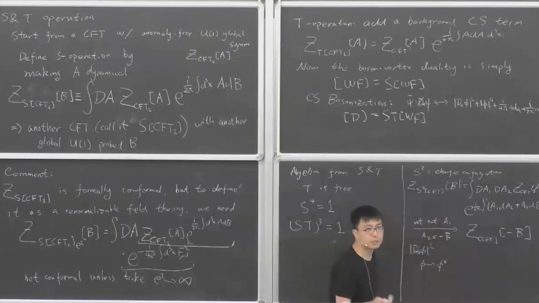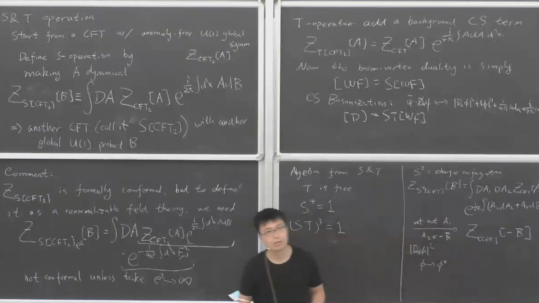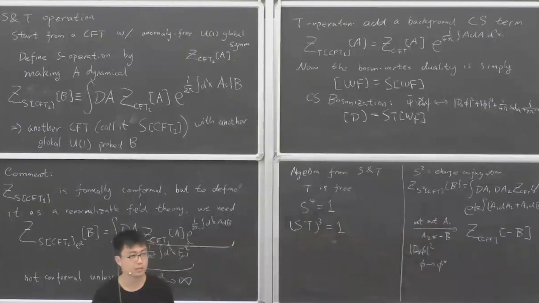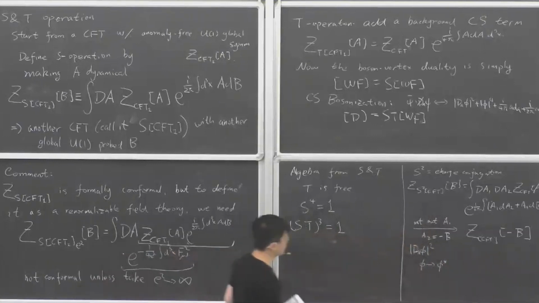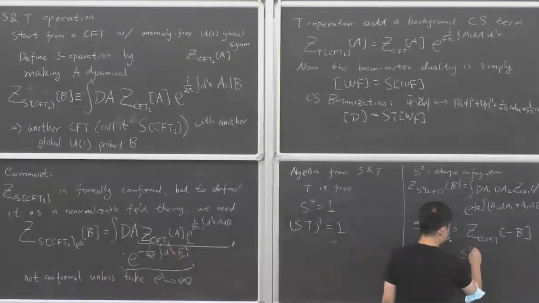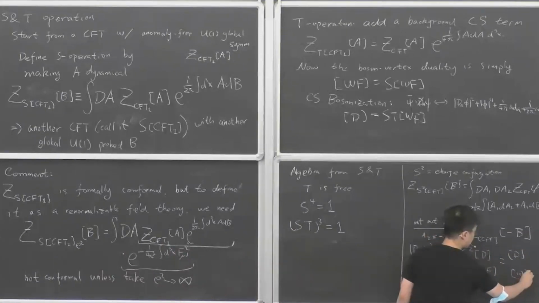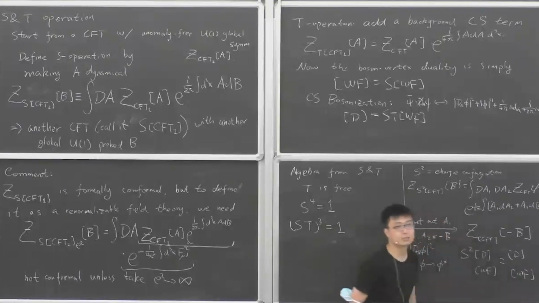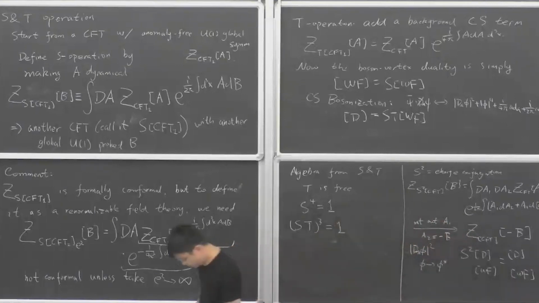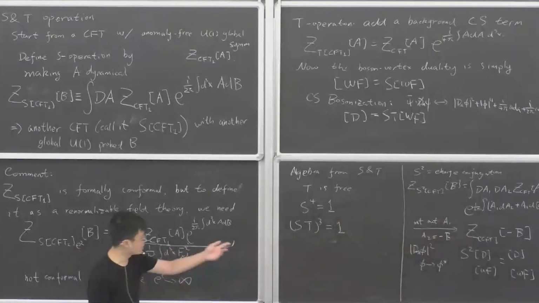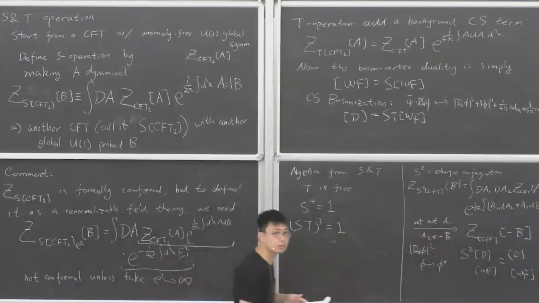Similarly with the Dirac fermion, you may need to take care of the gamma matrices, but at the end of the day, the theory is invariant. So that's saying that S squared acting on either Dirac fermion or Wilson-Fisher just gives back the original theory. There's not even an anomaly involved. So as far as this is concerned, S and S inverse are the same.